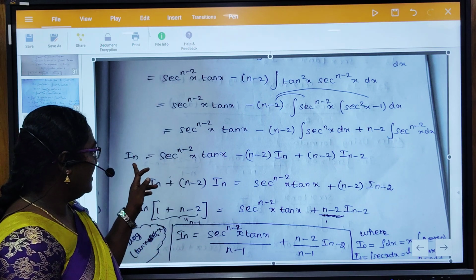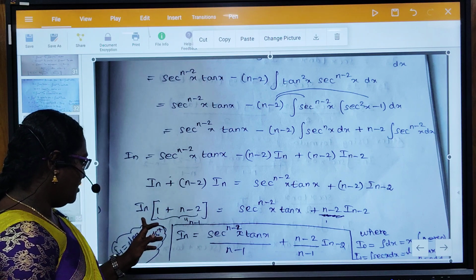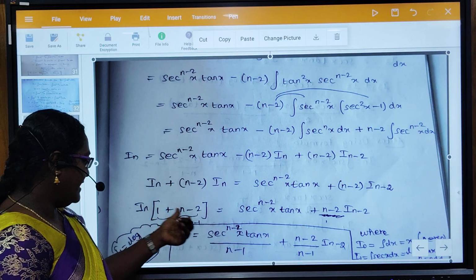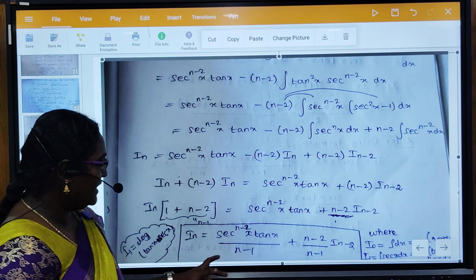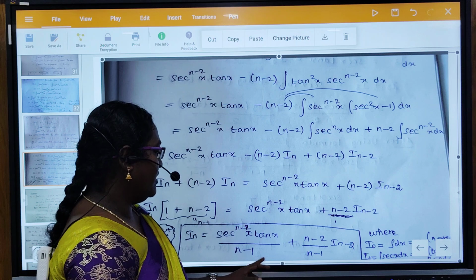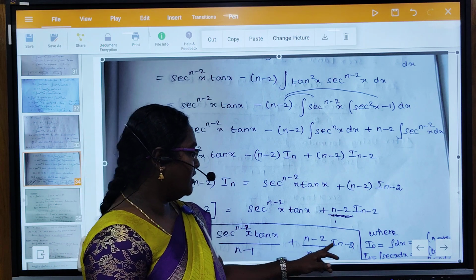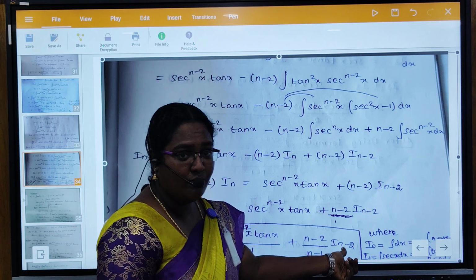Now here we are having I n and here we are having I n. We take this to this side, taking I n out common, and settling it, we will get n minus 1. When this n minus 1 comes to this side, it becomes secant power n minus 2 x tan x by n minus 1 plus n minus 2 by n minus 1 into I n minus 2. Now I n is reduced to I n minus 2.